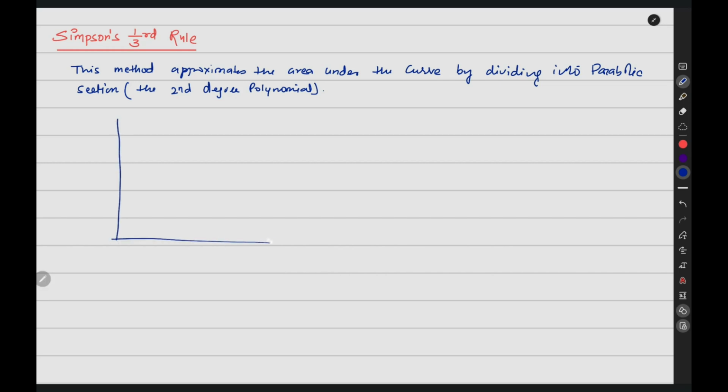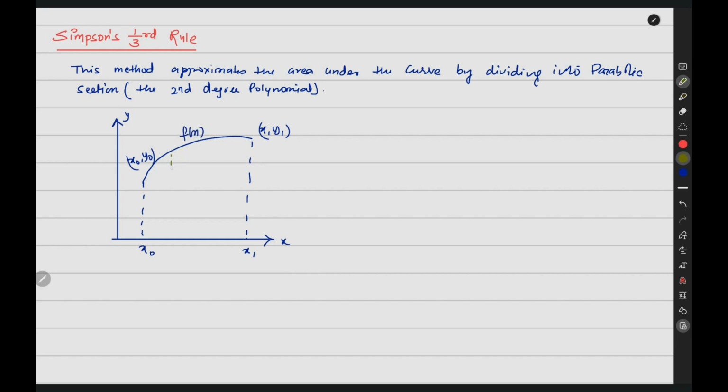Suppose that we have this diagram, y, x. Suppose that we have this curve. This is from x0, this is up to x1, this point is x1, y1, this is x0, y0, and we have function fx.